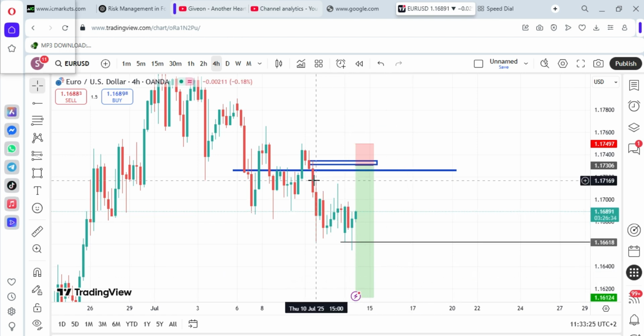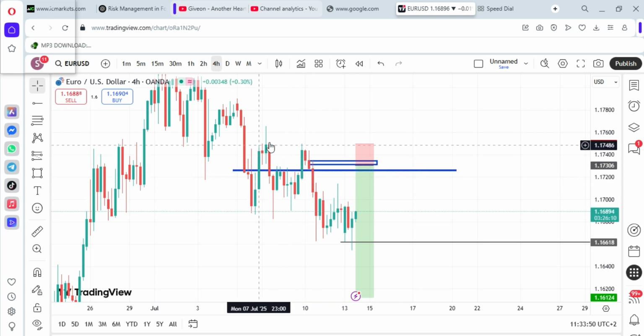As we can see, guys, price formed a bearish engulf pattern here, and this bearish engulf pattern is type 3 of our bearish engulf pattern. So this is our confirmation.